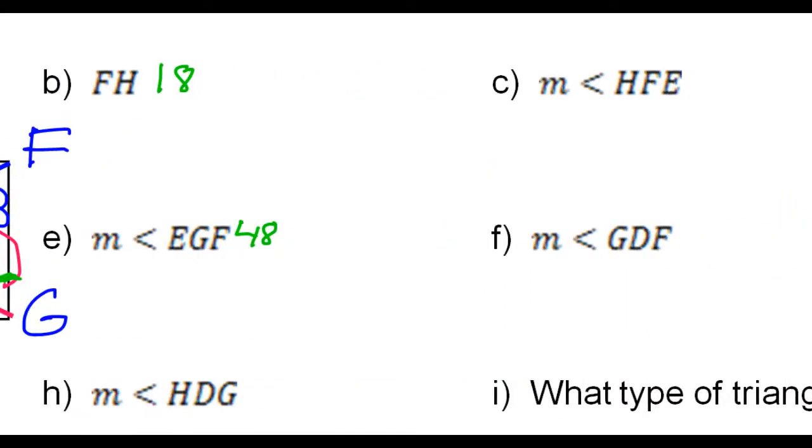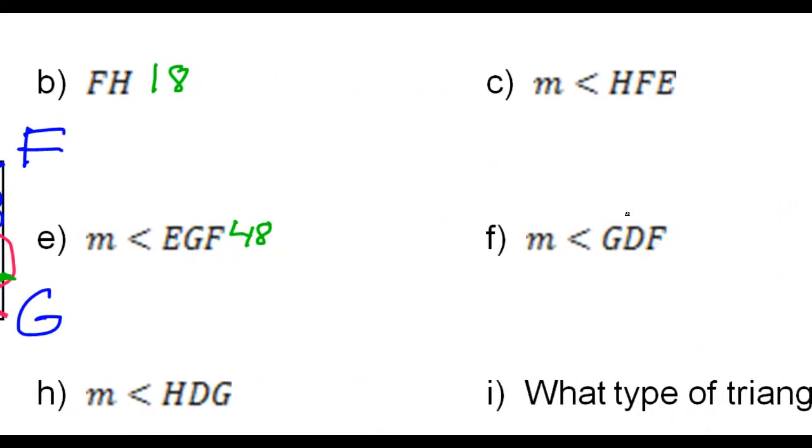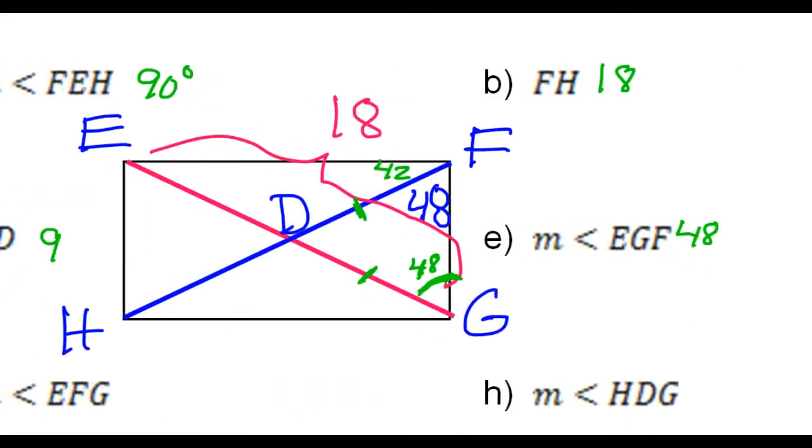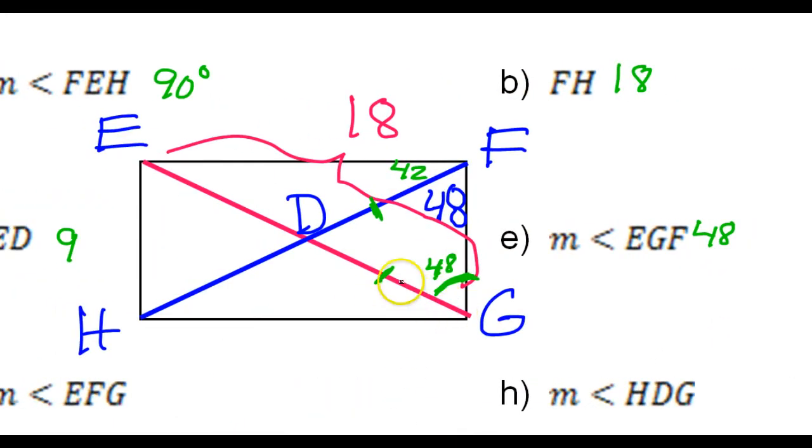Now the next one, measure of angle GDF. GDF is this little vertical angle up here, where I just drew the angle symbol. How can I find out what the measure of this angle is? 180, right?